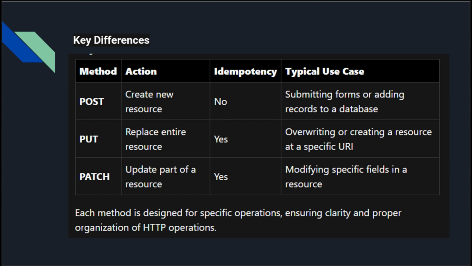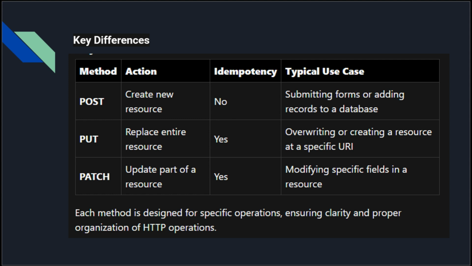I have listed down key differences between POST, PUT, and PATCH. In terms of action, POST would create a new resource, PUT would replace the entire resource, and PATCH would update part of a resource. In terms of idempotency, POST is not idempotent, while PUT and PATCH are idempotent.